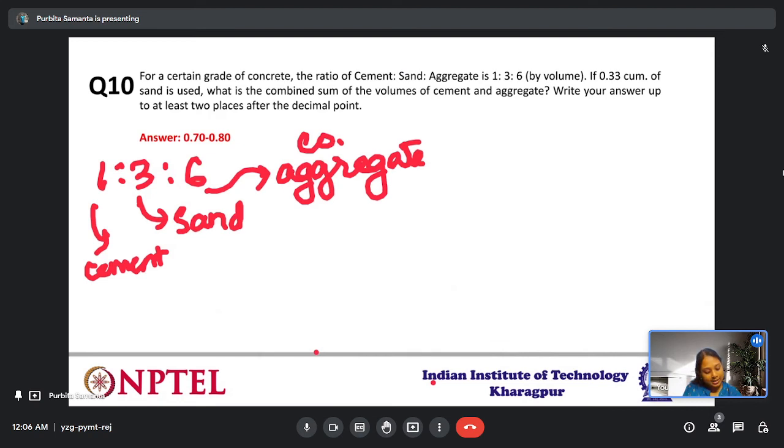What it says is that if 0.33 cubic meter of sand is used, then these three parts correspond to the 0.33 cubic meter.